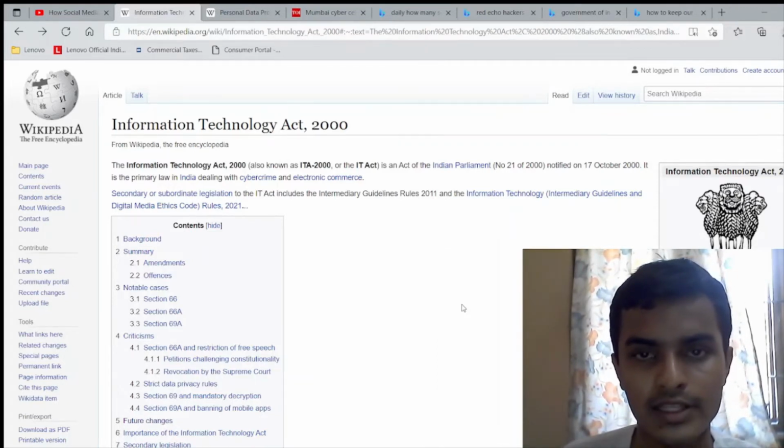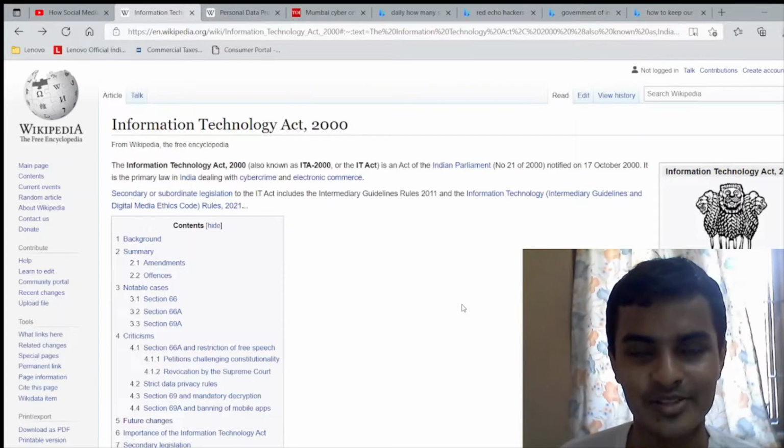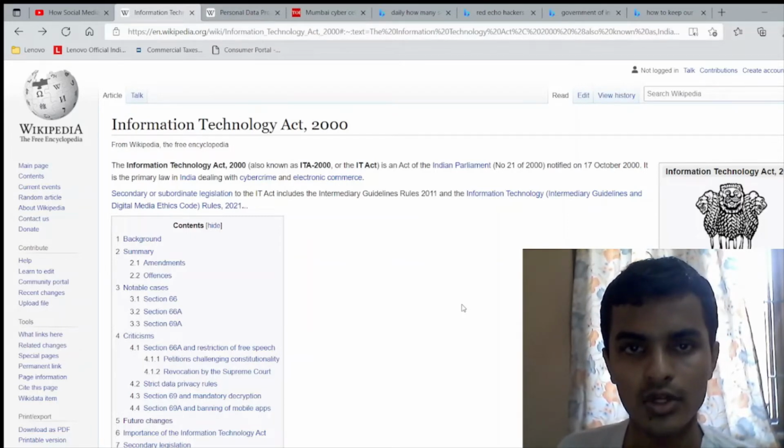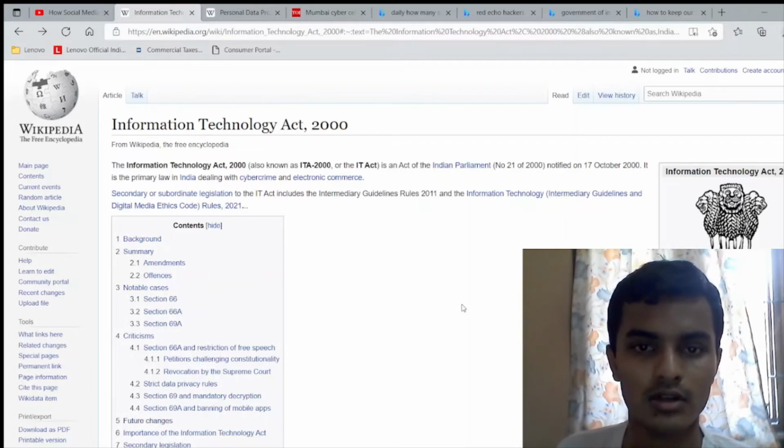So I'm not giving a lecture or teaching. This is only a basic understanding of how you can protect your social media accounts, because you use Instagram, Facebook daily. If you don't use Instagram or Facebook, you may be using Gmail or something, because you need it for your company work or your personal work.